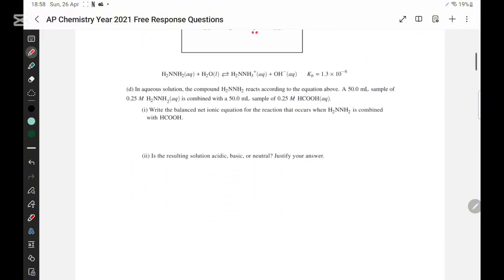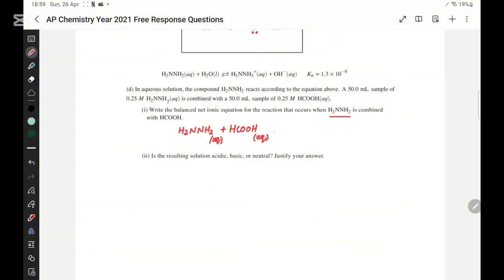Then in the next question they are saying write the balanced net ionic equation for the reaction between H2NNH2 when it is combined with HCOOH. So how can we write it? H2NNH2 is acting as a base, and HCOOH is acting as an acid.